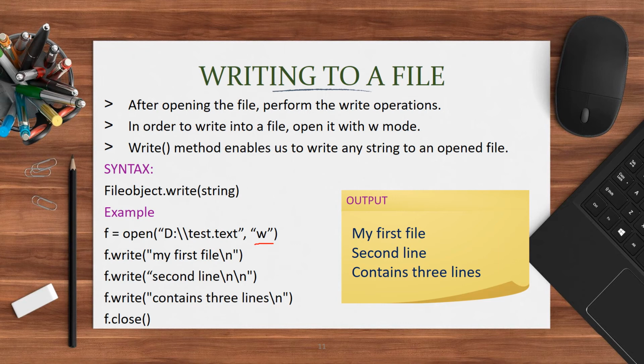At last I'm going to close the file. When I print this document, it will be my first line, second line, and contains the third line. This is the output for the text. Now the test dot text contains this file. This file has been written into.